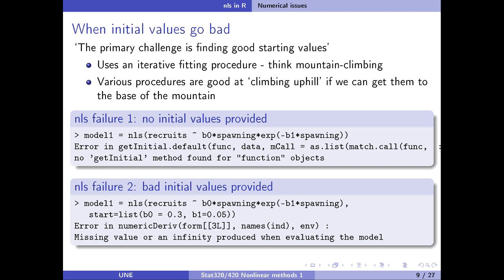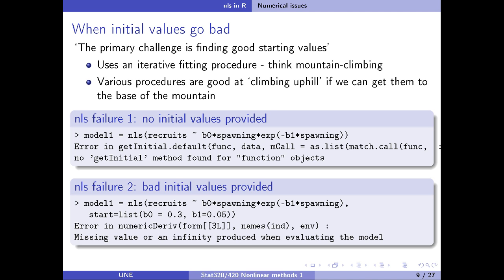These procedures are pretty good as long as we can get them to the mountain. If we can't get them to the mountain, they're going to fall apart. Maybe we get them to the side of a cliff and they fall off. So sometimes it's just useful when you're introduced to a new function to see what some of the error messages look like. So in this first failure, NLS failure 1, I haven't provided any initial values.